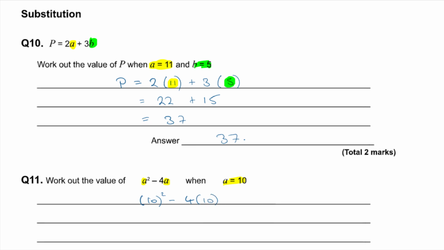Okay, so replacing the a in the a squared and replacing the a in the 4a gives me that. Okay, then let's just deal with what we got then. So 10 squared, that's 100, and then minus 4 lots of 10, that's 40, and 100 minus 40, that's 60. So that's my final answer, 60.